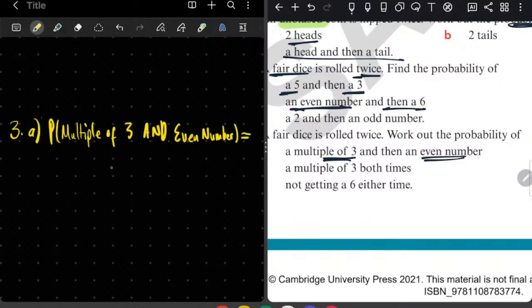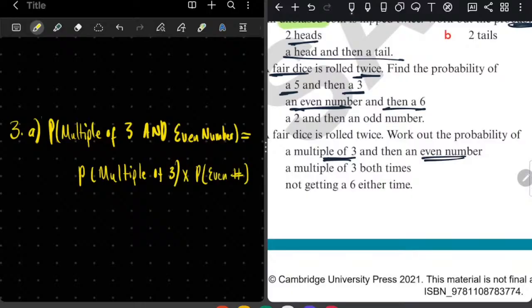This is going to be equal to probability of a multiple of 3 times probability of an even number. What's the probability of a multiple of 3?